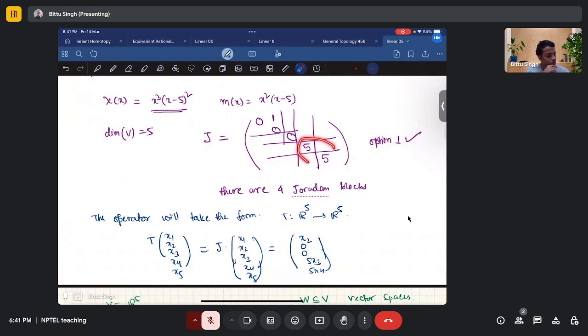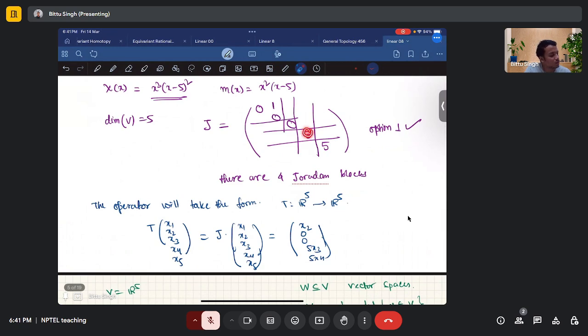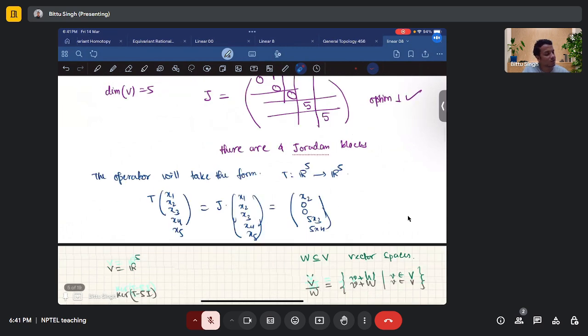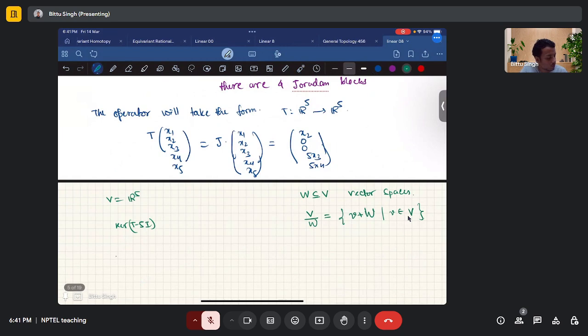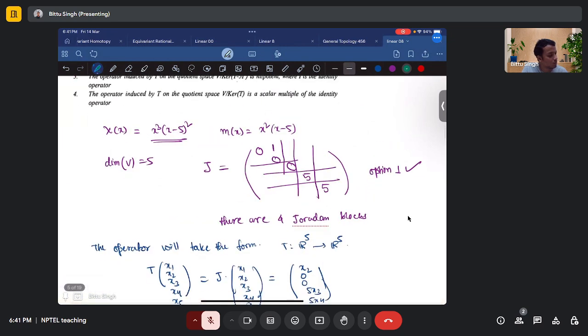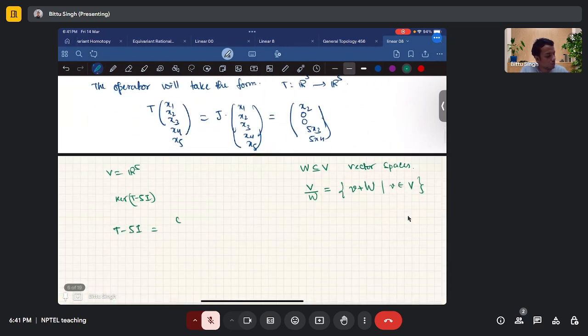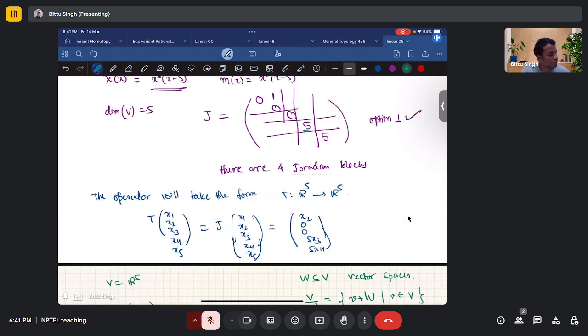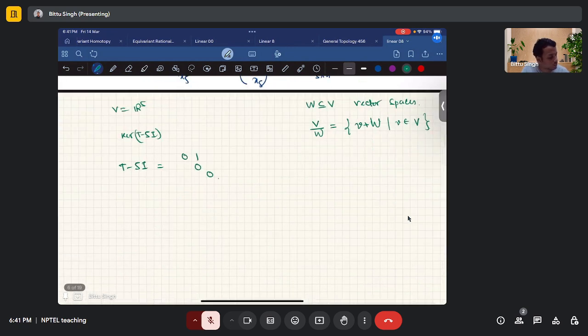again we can also look at this. So T minus 5I, this is a representation of T, and T minus 5I will look like 0, 1, 0, 0, and subtracting 5 from those entries, it will again give me 0, right? So this is T minus 5I with respect to that same basis.